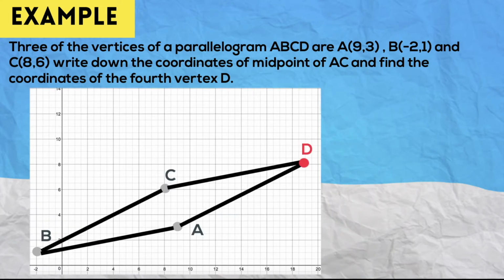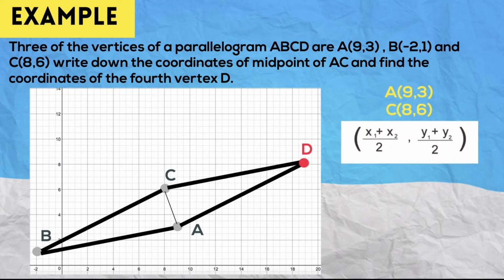Then you will see here that AC is a diagonal, and so is BD. Calculate the midpoint of A and C because you already know the numbers of both. Now we plug in the coordinates of A and C in the formula, and we get the midpoint of AC is (8.5, 4.5).